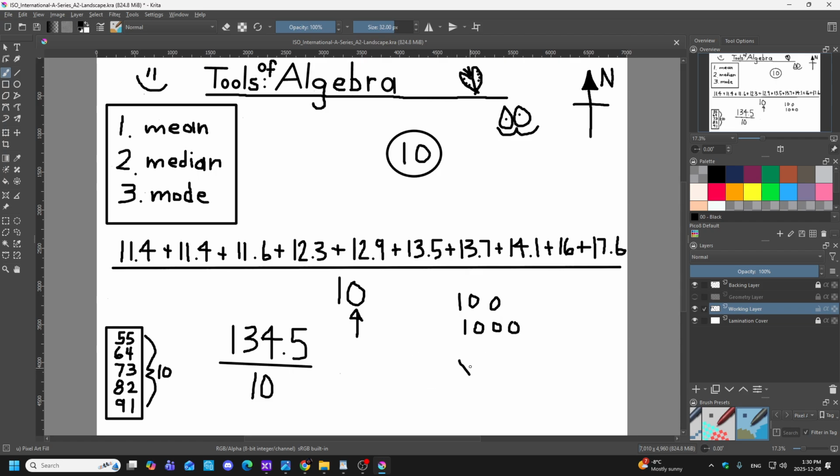If you're multiplying, you go to the right with the decimal jumps. Here we have one singular zero, which means, because we're dividing, that's one jump to the left. Did I get that right? Let me double check. I'm second guessing myself here. Let's double check. Let me show you.